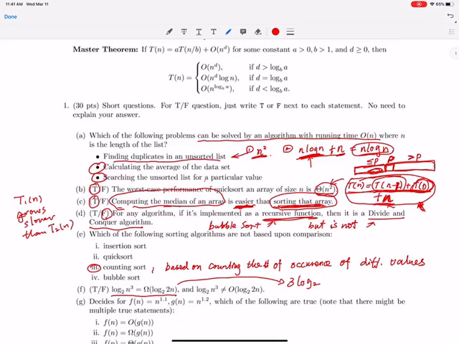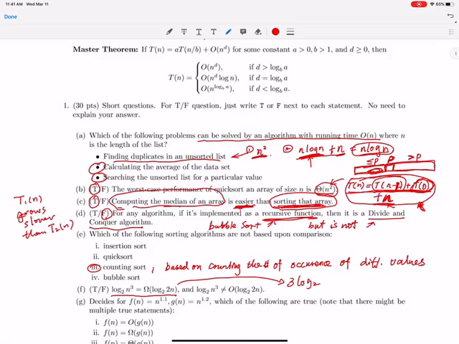So the third question: computing the median of an array is easier than sorting that array. This one is true. The reason is the following.